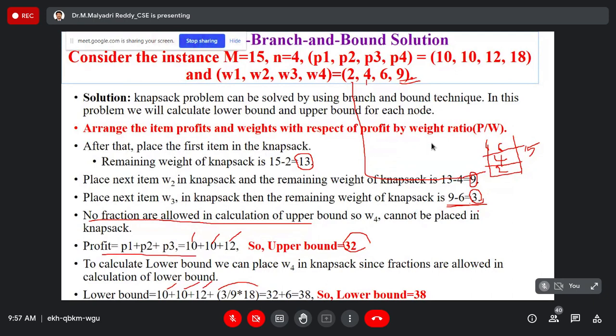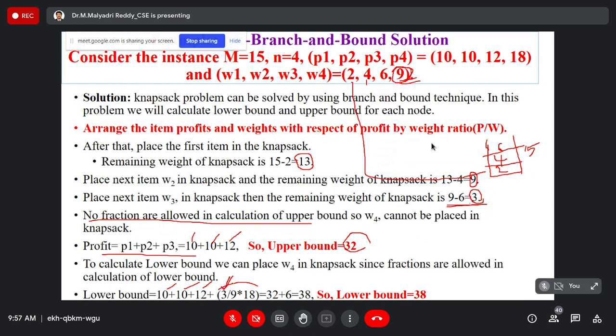So the fourth object's weight is 9 units. But from 9 units, I have to choose only 3 units.